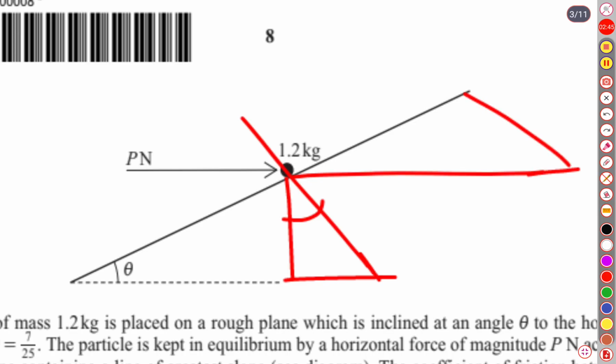Yes, it is a right angle triangle now. This is 90 degrees and this angle must be theta, and it's now P. Okay. Well, after that, let me erase the unnecessary parts.